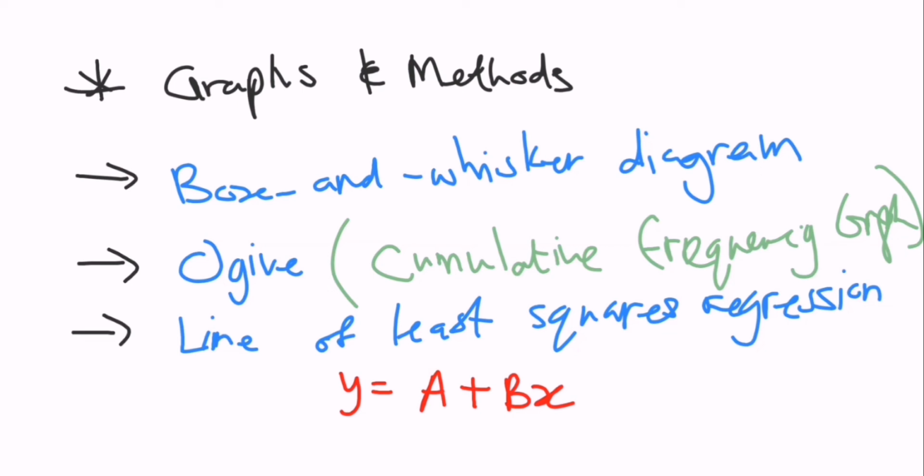So this is possibly the most important thing that you need to know for grade 12, the line of least squares regression, but also the ogive and the box and whisker. That's just as important. We might not be able to go through all of these methods and graphs, but if I do skip one, I will make a video on that separately some other time. Okay, let's move over now to the practice.